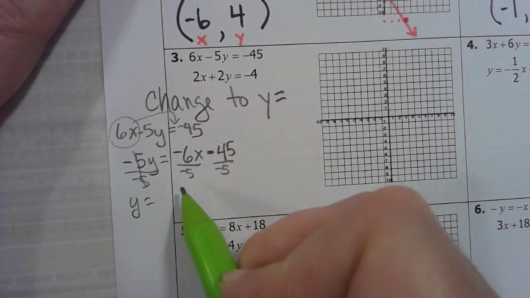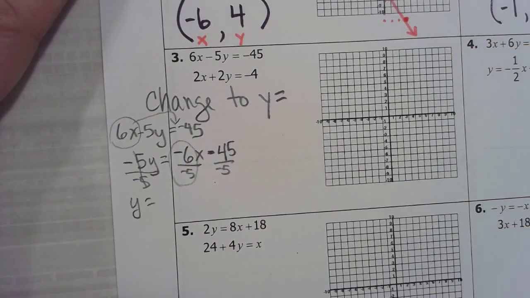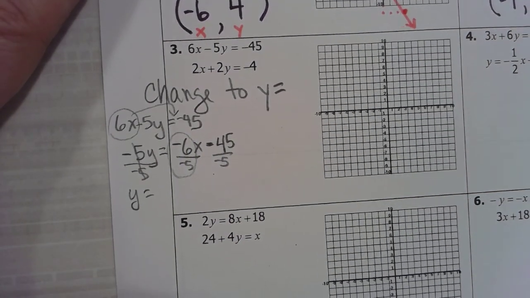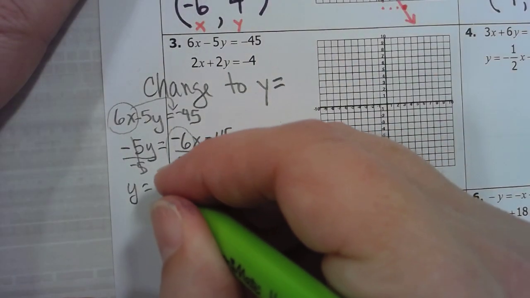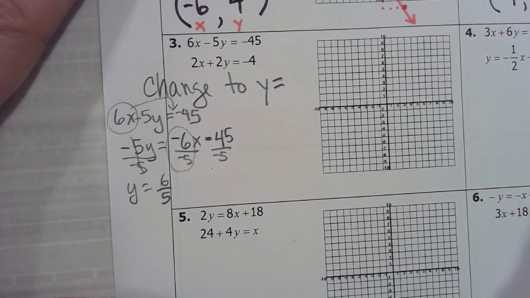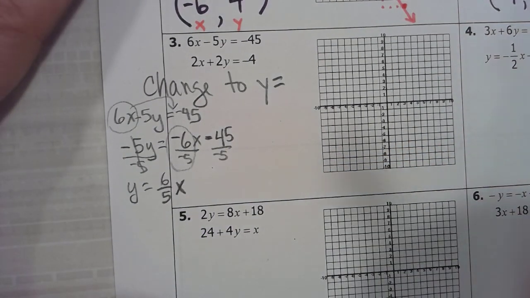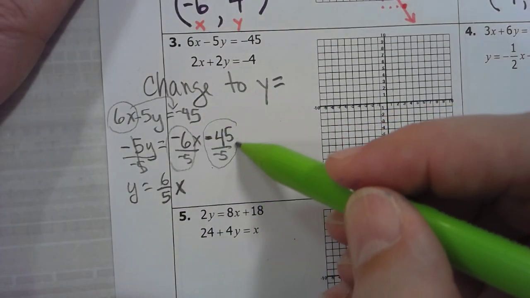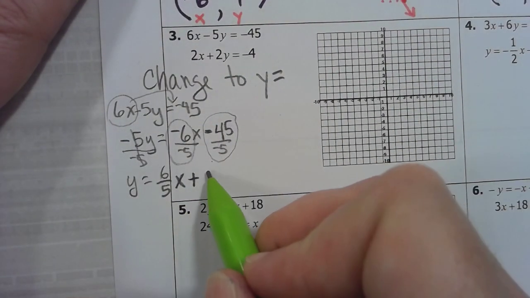So -6 divided by -5. Negative divided by negative makes positive: positive 6 over 5 x. And then negative divided by negative is positive: 45 divided by 5 is 9.